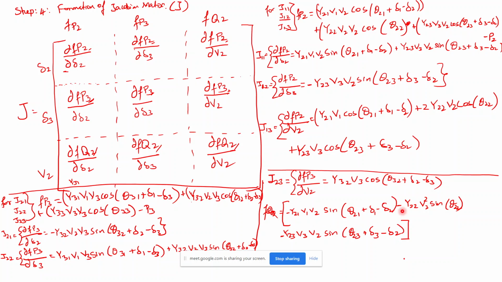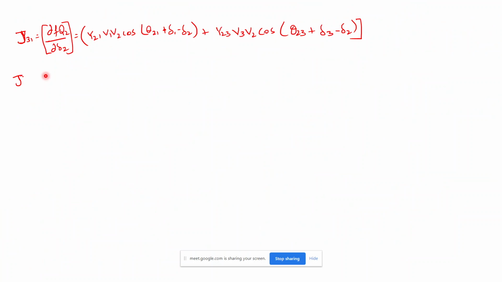This is what we get. So for the first order derivative, the minus gets cancelled, because differentiating sine gives cos, and the existing minus and the derivative's minus cancel, and the rest of the value remains.